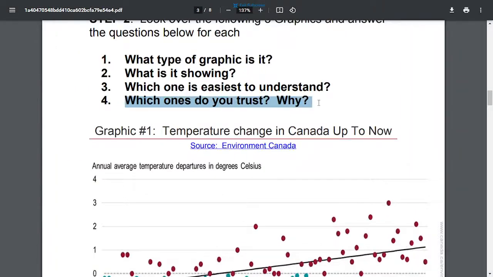How can you trust information? Well, first thing, it has to be recent, so it can't be old. It has to be from reliable sources. CBC, BBC, the Canadian and American governments are reliable. Are there experts, professionals, scientists?